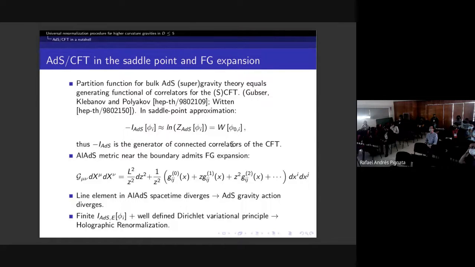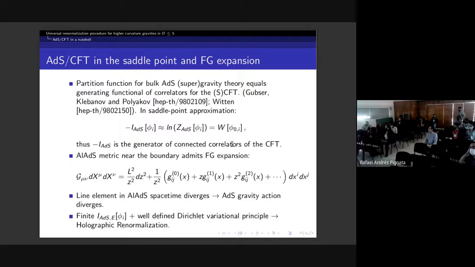This is crucial because you want an object that you can take functional derivatives of with respect to the field content. So you need the variation of the action to be a total variation of the values of the fields. It has to have a Dirichlet variational principle, in the sense that the variation of the action gives you the equation of motion, which on shell is identically zero, plus a boundary term that can be written as a total variation in terms of the boundary values of the field.